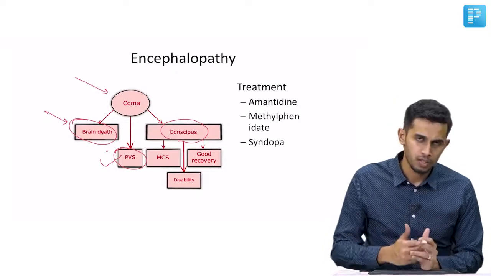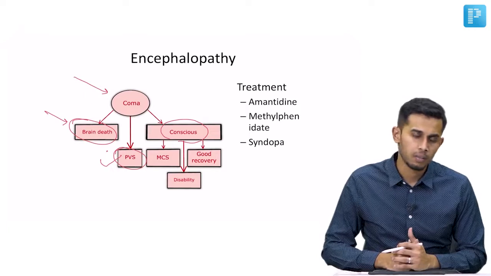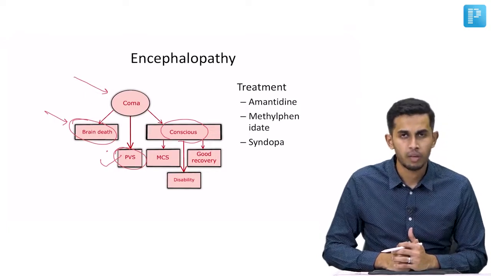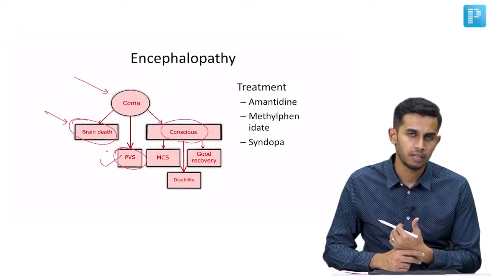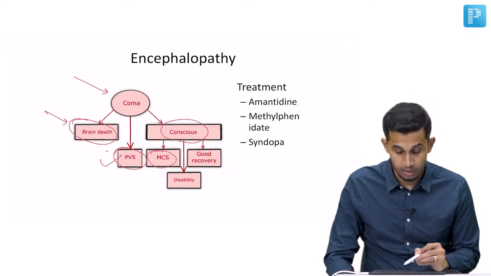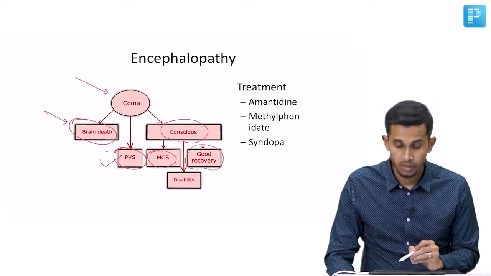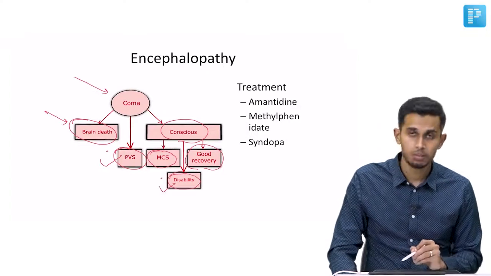If trauma is not the cause and the patient is in coma for some other reason, then we take a duration of up to 3 months before declaring the patient as persistent vegetative state. So if the patient becomes conscious, he can be in a minimally conscious state, or they can have good recovery. If not, they can be left with some disability.